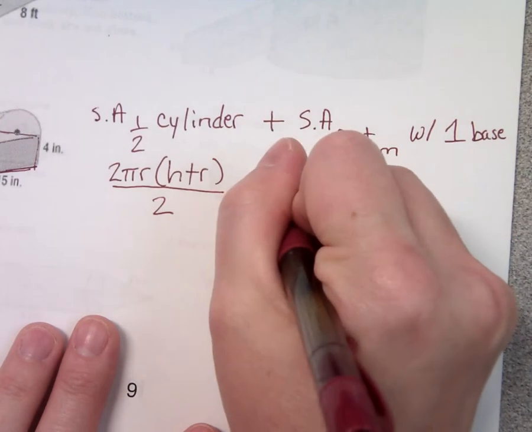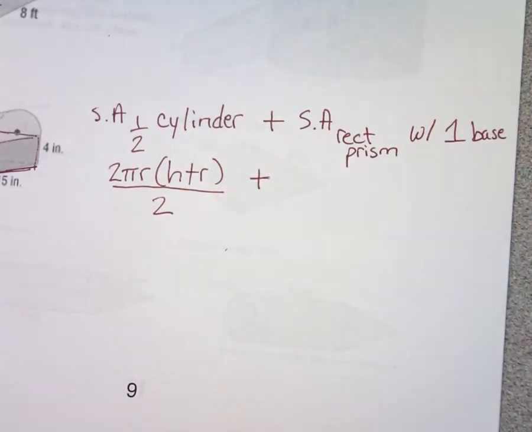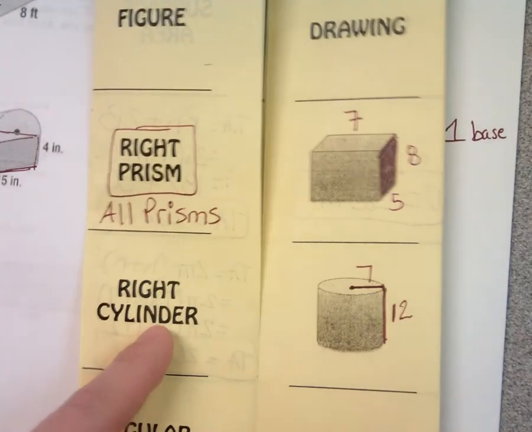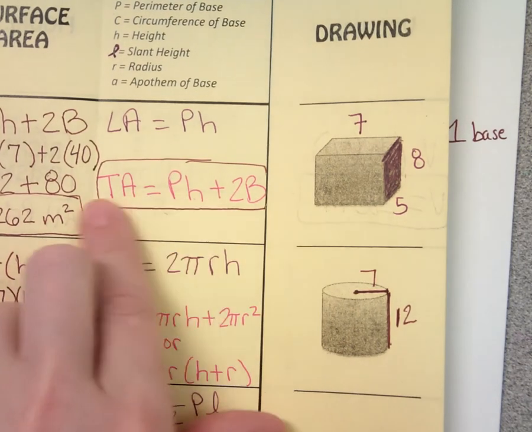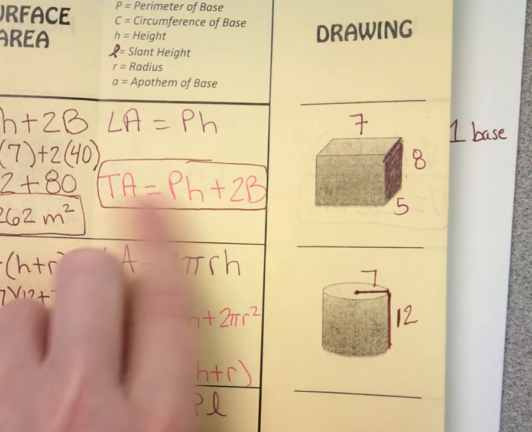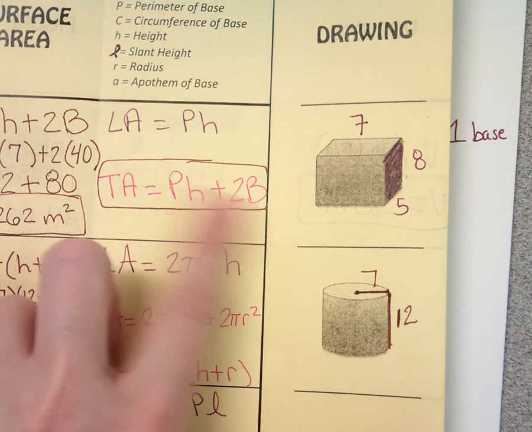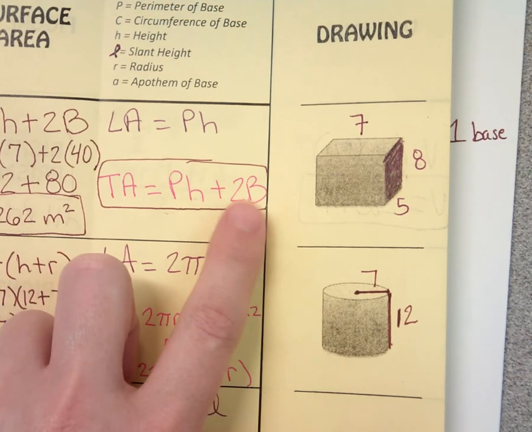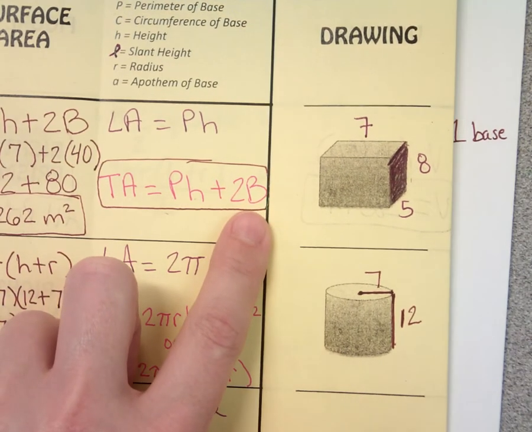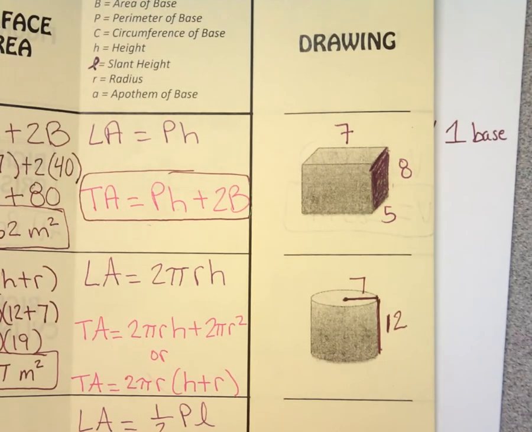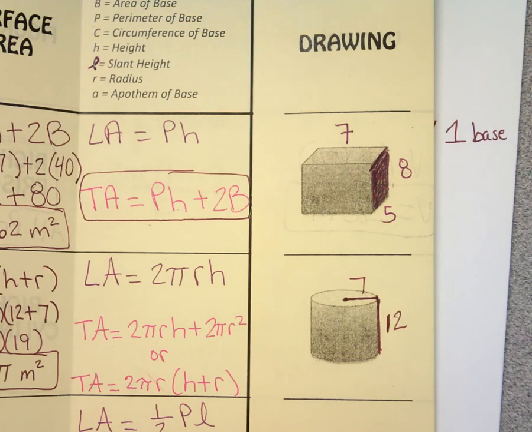Okay, I want to get the formula down for the rectangular prism. But with only one base, I want to see what you think. This is the formula that we use. Because there's only one base, do you know how this formula would change? It'd be just plus B. Since we're not going to count the top because the cylinder is on top of it, instead of 2B I'm only going to have plus B, because I'm using one base.